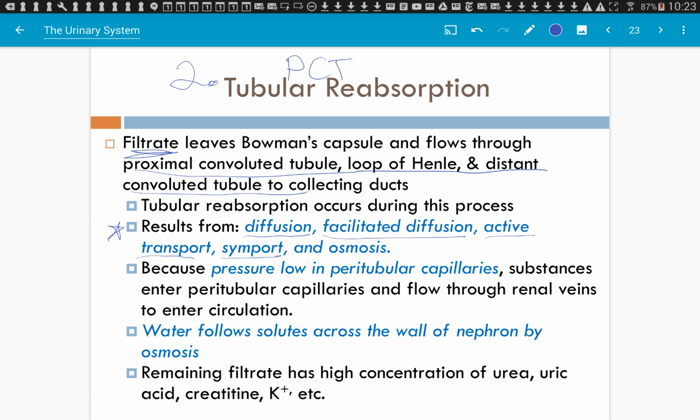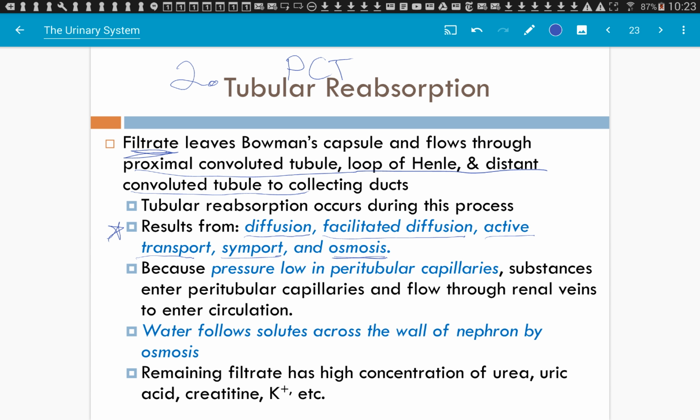Symport, a good example is, let's say you have a positive ion like sodium traveling across the membrane, then a negative ion like chloride can kind of piggyback with the sodium across the membrane. So that's what symporting is, two things traveling together. And then osmosis, remember, is diffusion of water across the semipermeable membrane.